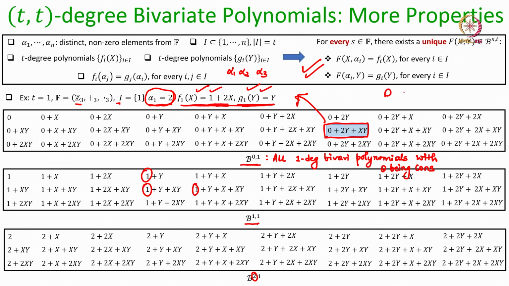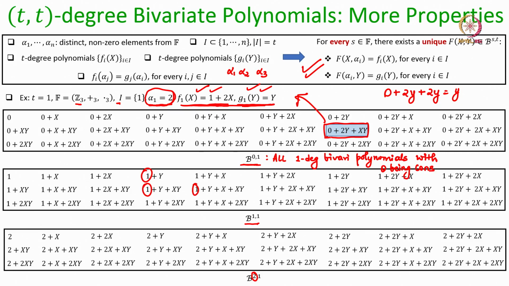So, let us substitute x equal to 2. So, it will become 0 plus 2y plus 2y, which is 4y, in the field Z3 turns out to be y only because 4 becomes 4 modulo 3.